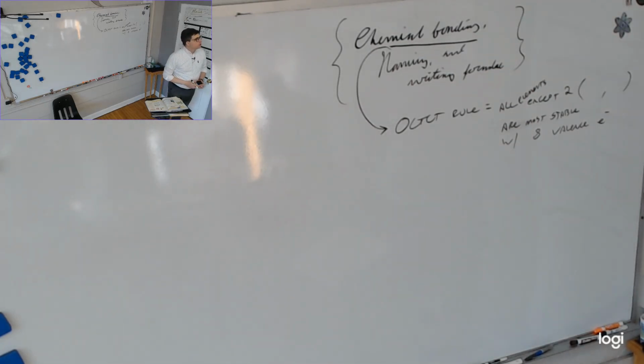Which two elements aren't most stable with 8? I'll give you another hint. These two instead are most stable with 2 valence electrons.